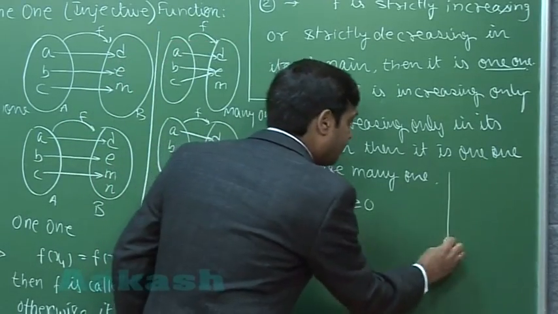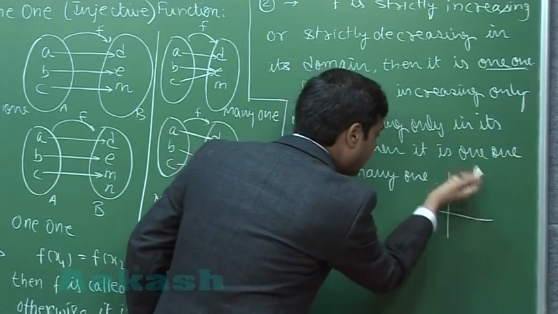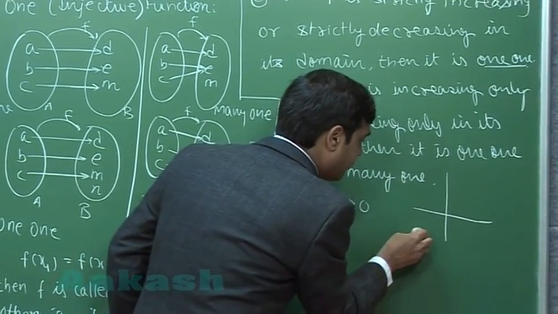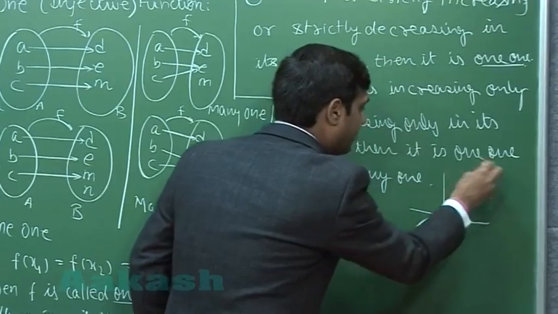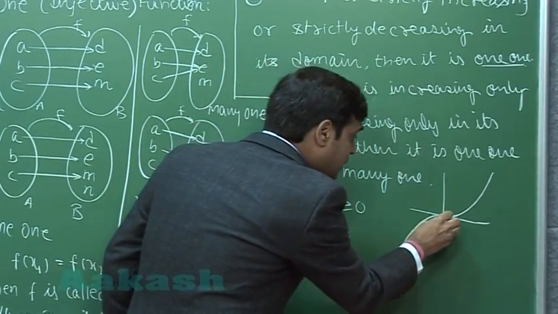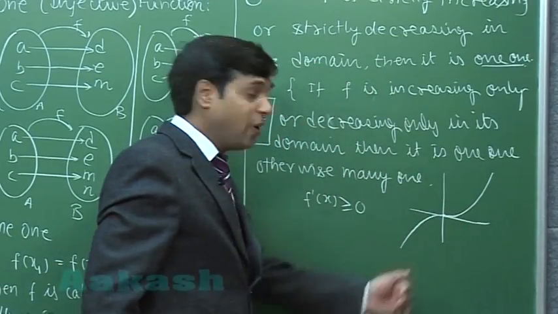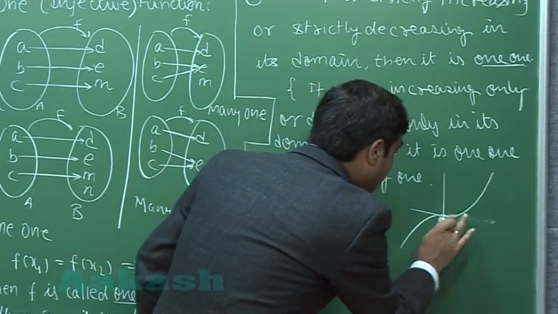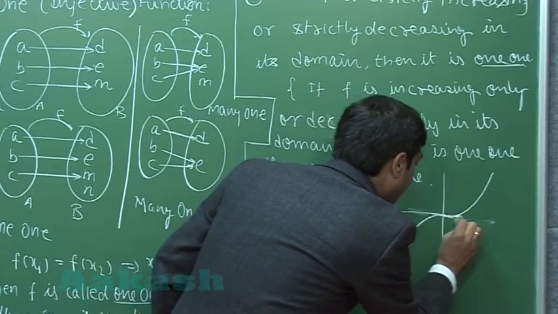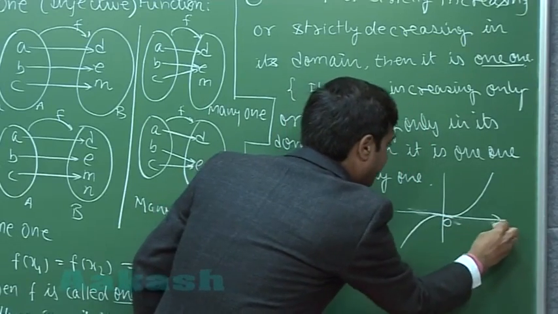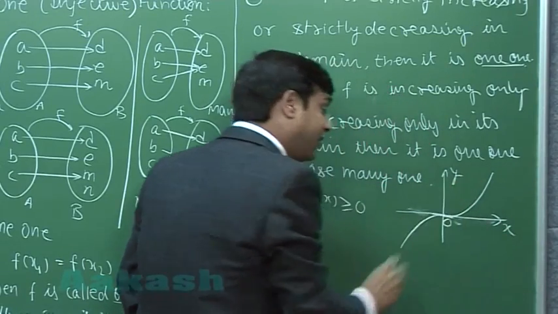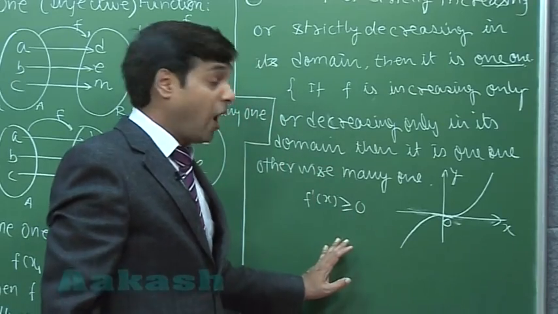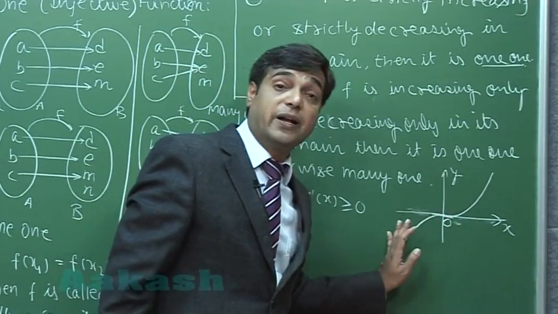Meaning that if the function goes like this, its derivative will be 0 at origin. This is clear. At this point, the derivative will simply be 0. But the function is an increasing function and the function is one-one as well.